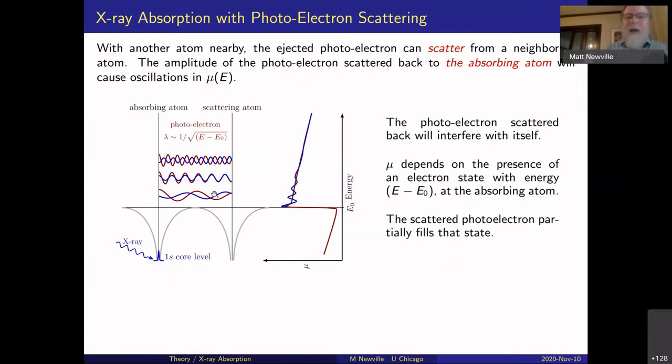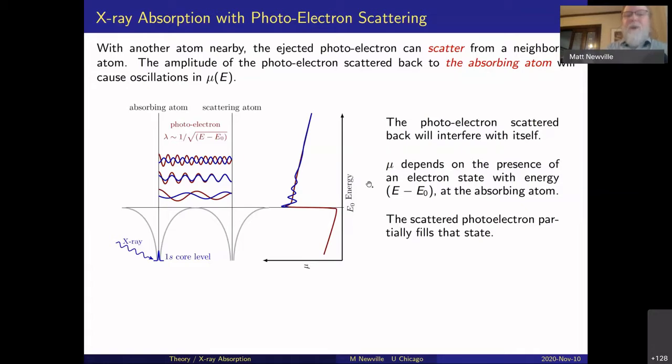So it can backscatter, is often what it's called. So as you can see, as I've drawn here in a cartoon, that then backscatters, and its amplitude at the core level varies just because the energy, and so the wavelength, are varied.